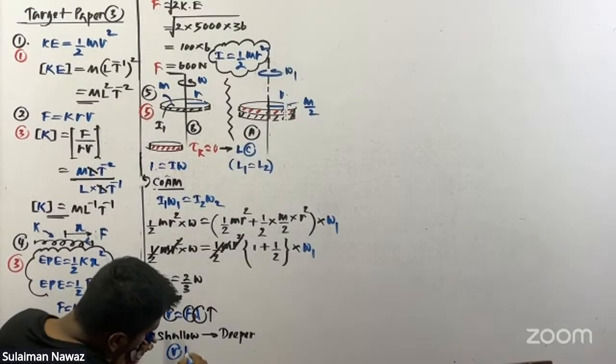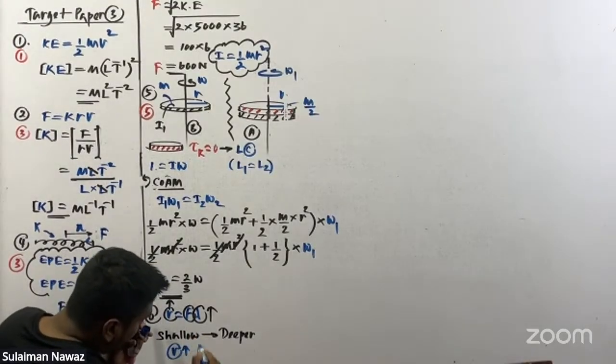Remember, shallow to deeper, the velocity increases. When velocity increases, with frequency constant, the wavelength increases.